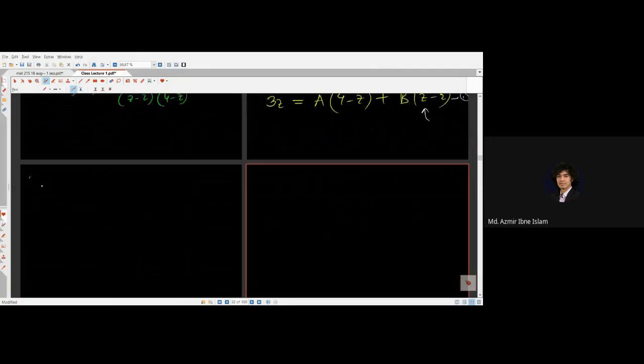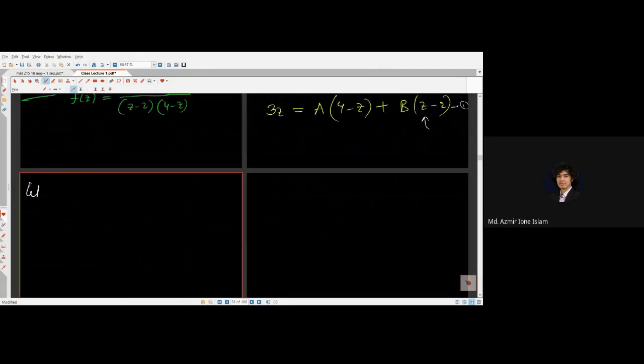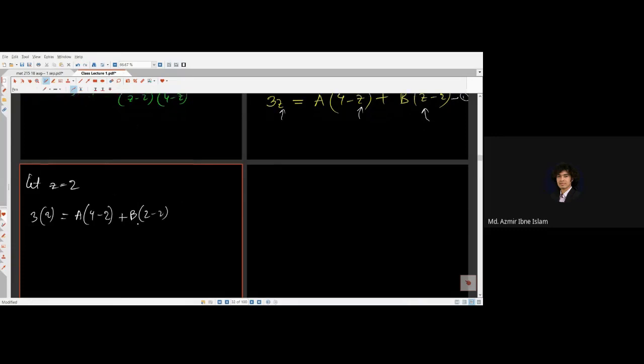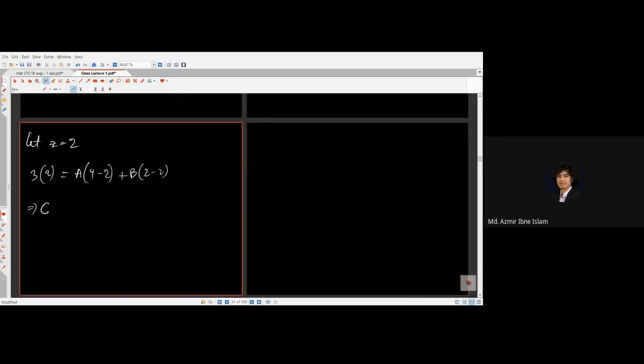We can choose any value of z, so plugging z equal to 2 in equation 1: 3 times 2 equals A times (4 - 2) plus B times (2 - 2). So we have 6 equals 2A plus 0.